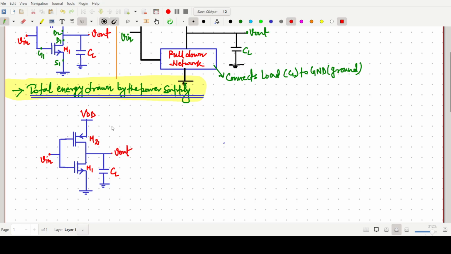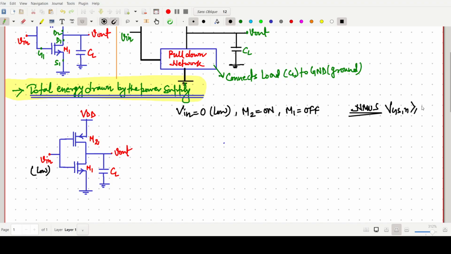When we are giving a low input, I am writing here, when V in is low, that is zero or low, the M2 transistor will become on. Simple principle. And M1 becomes off, because for the NMOS to operate, the gate to source voltage of N should be greater than VTHN.